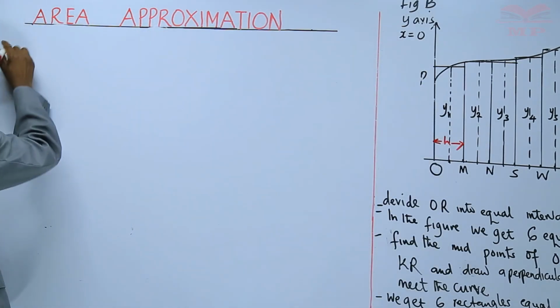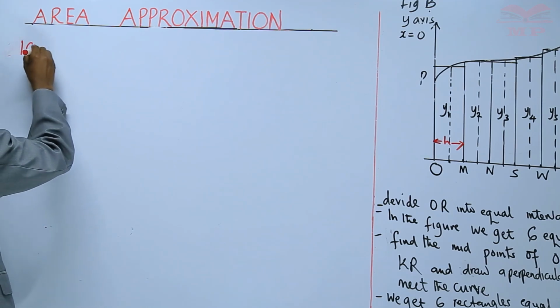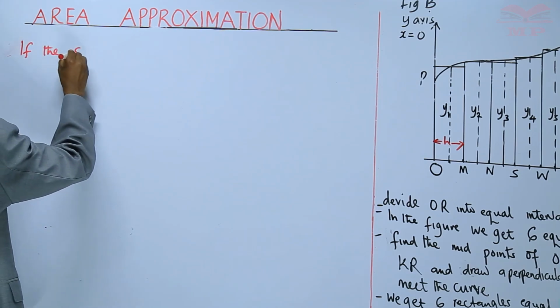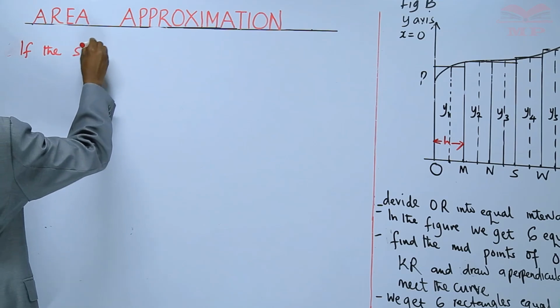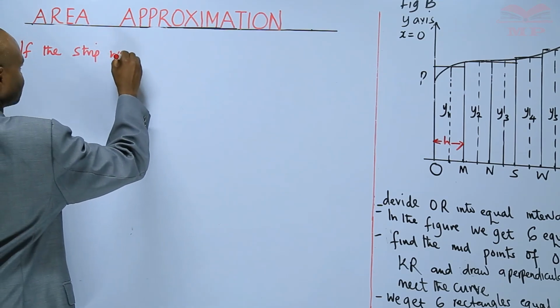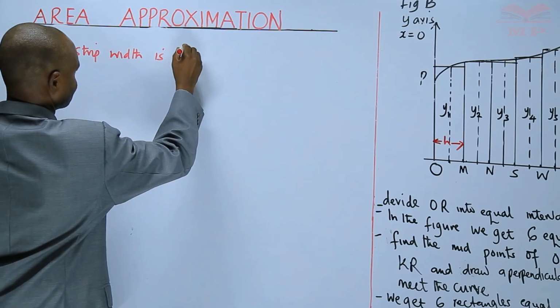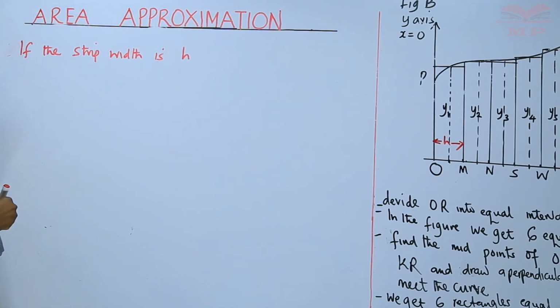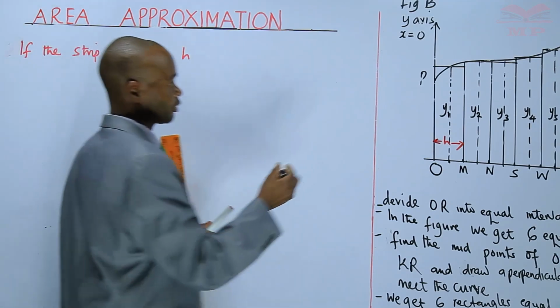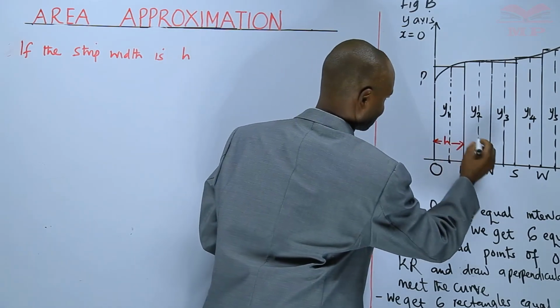So assuming if the strip width is h, the total area will be given by y1 times h, y2 times h.